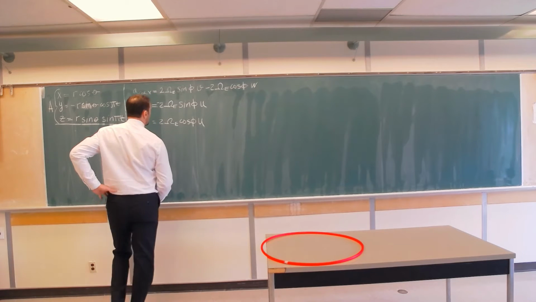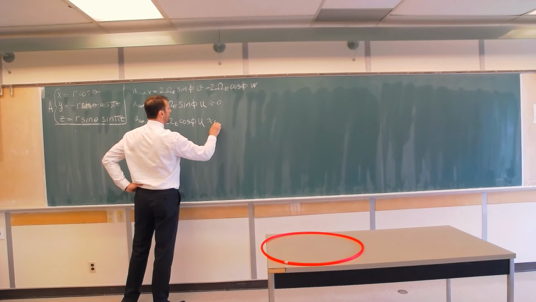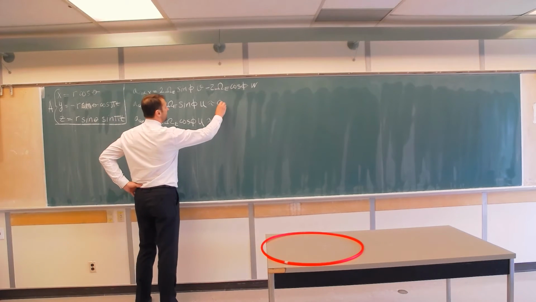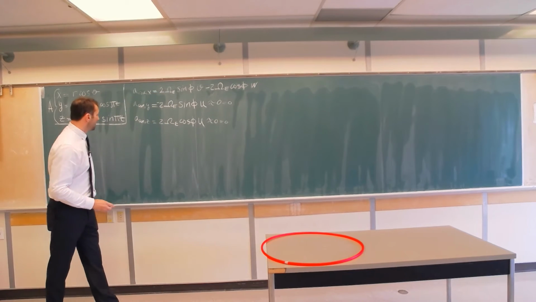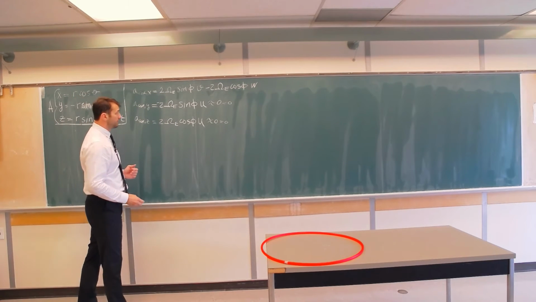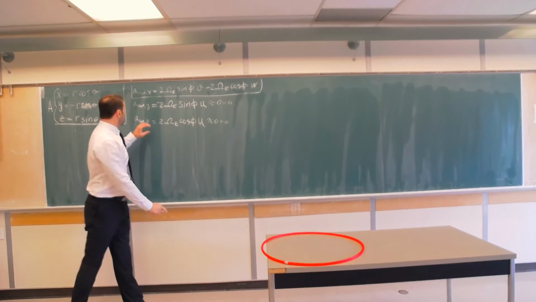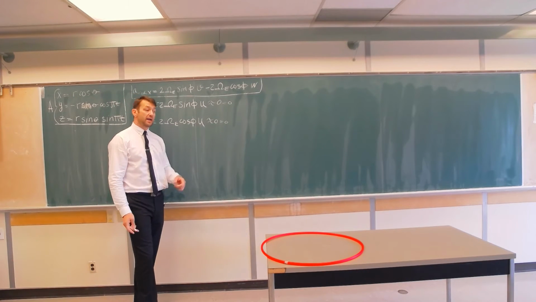Well, if that is the case, then this one is approximately 0 and this one is approximately 0, and that means if we take this for granted, then this is really 0, not approximately. So these disappear, which means that only Coriolis acceleration in the x direction survives this rotation.